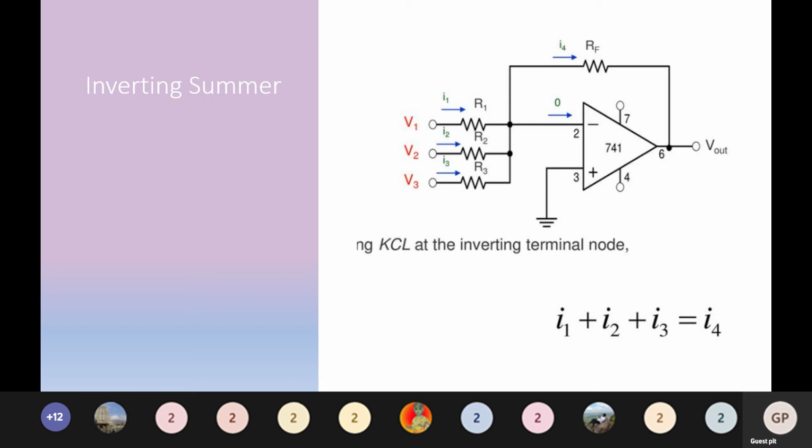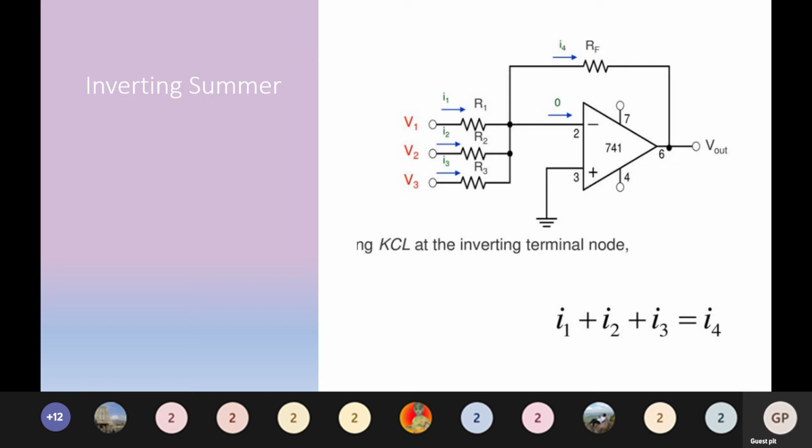Okay, and what is the value of this Vi? Again, we are going to use the golden rule we started with. As per golden rule number 1, whatever potential you have at one terminal, the same potential will be maintained at the other input terminal also, right? So here we know that the non-inverting terminal is grounded.